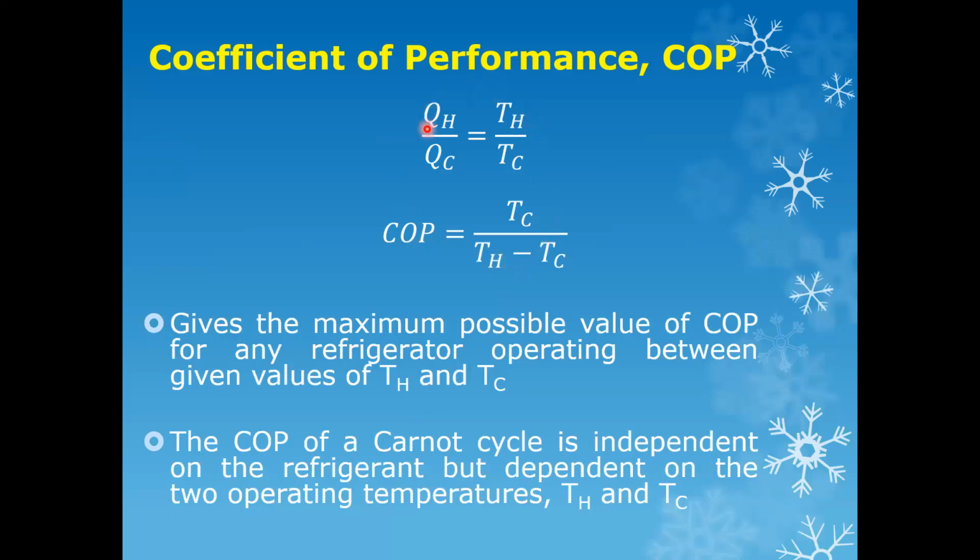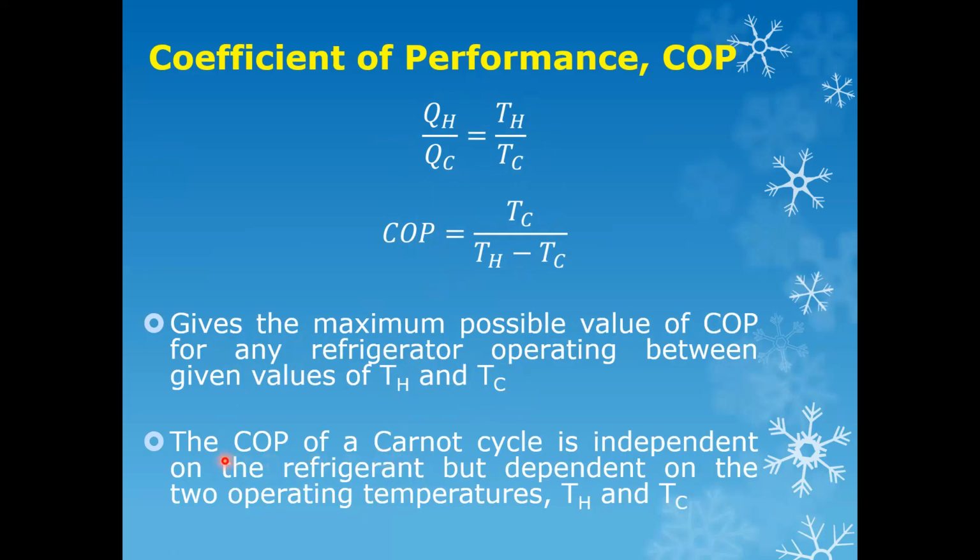Expressing it in terms of temperature would give us the following equation. Just like our Carnot efficiency that we can express in terms of temperature, our COP can also be expressed in terms of temperature, and it gives us the maximum possible coefficient of performance for any refrigerator operating between the temperatures TH and TC.